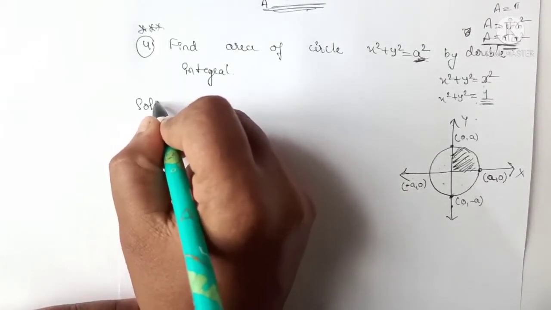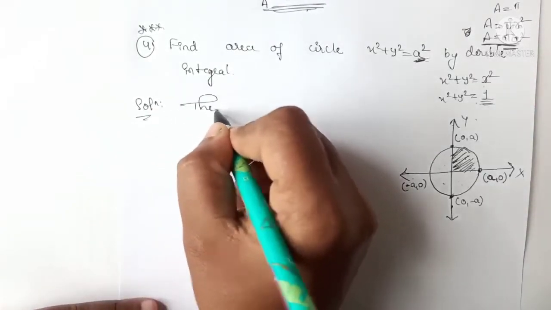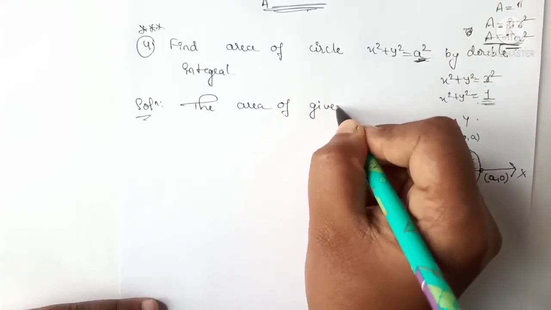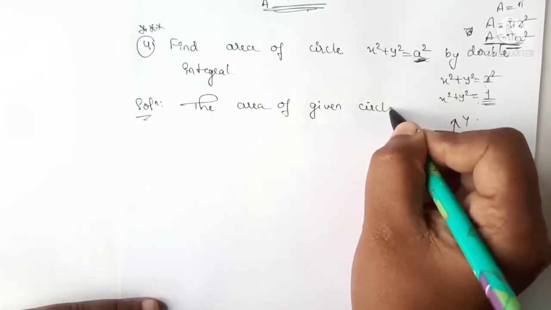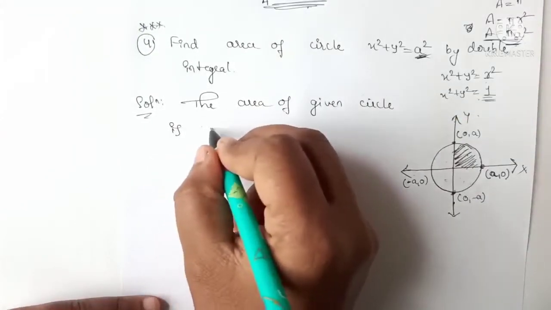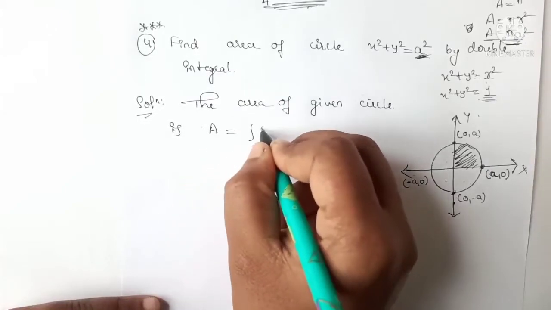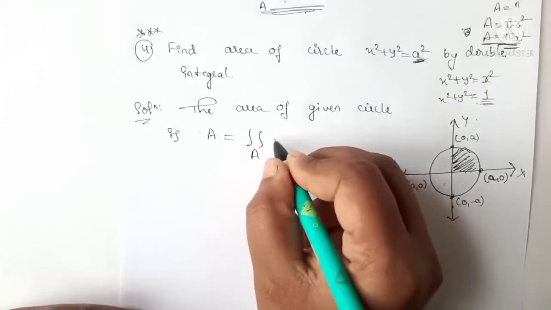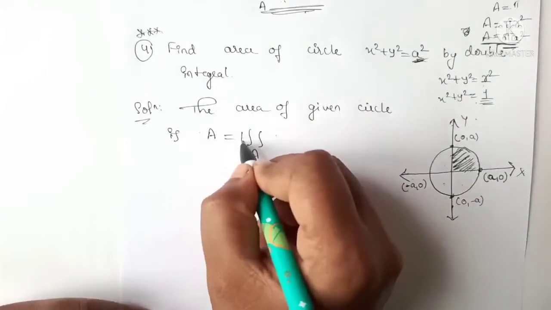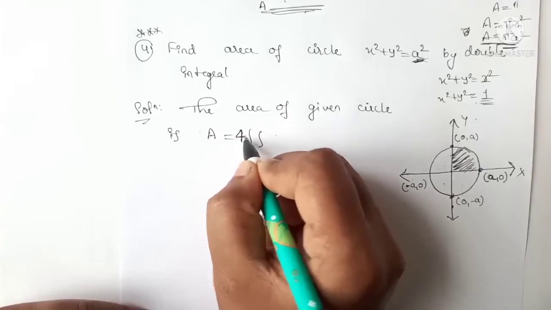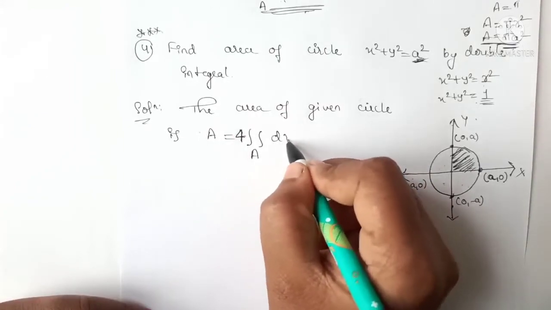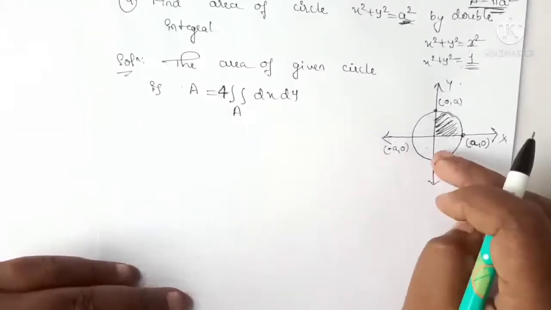So, solution: the area of the given circle A is equal to the double integral of A. Because I am taking only this region, I will multiply this by 4, dx dy. Now we have to put the limits for this one.